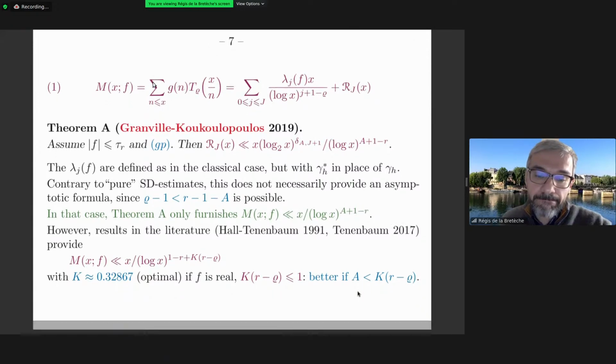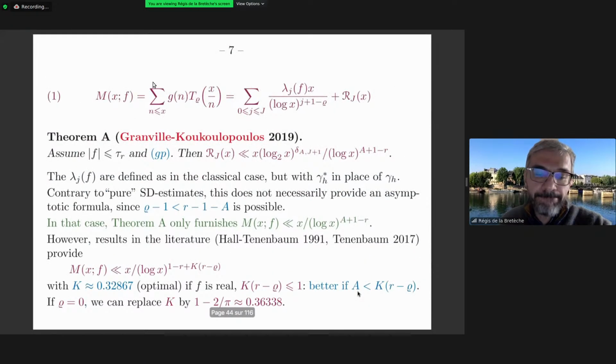Okay. And if you restrict yourself to rho equals 0, you can replace capital K by 1 minus 2 over pi, a little better constant.